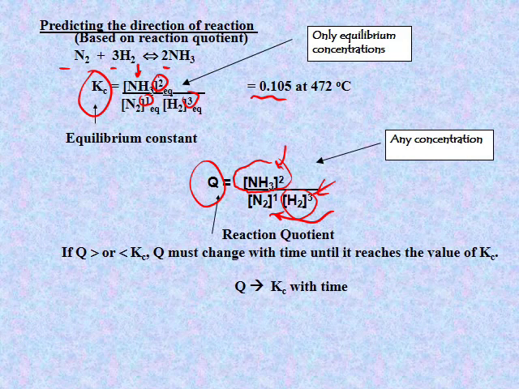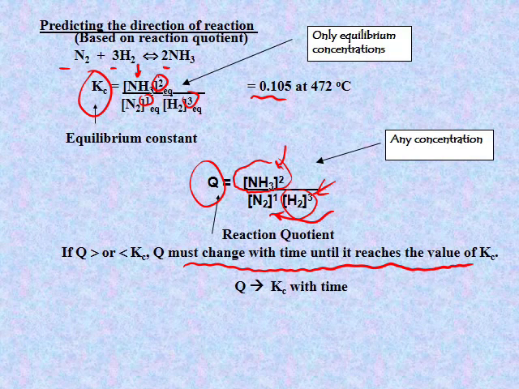This allows us to predict how the reaction is going to proceed if the Q value we begin with is greater or less than the equilibrium constant. But we know for sure that Q must change with time until it reaches the value of the equilibrium constant, or reaches equilibrium.